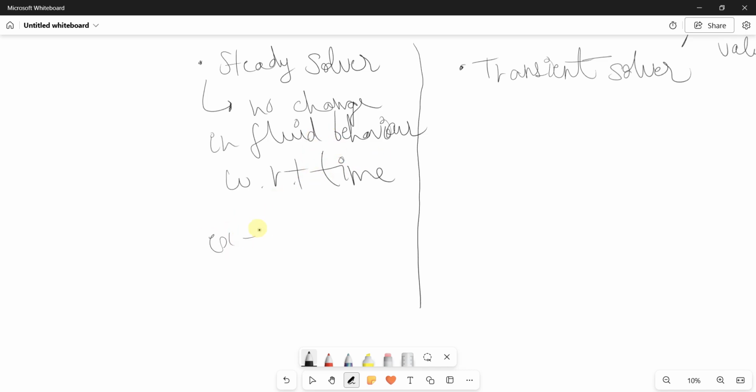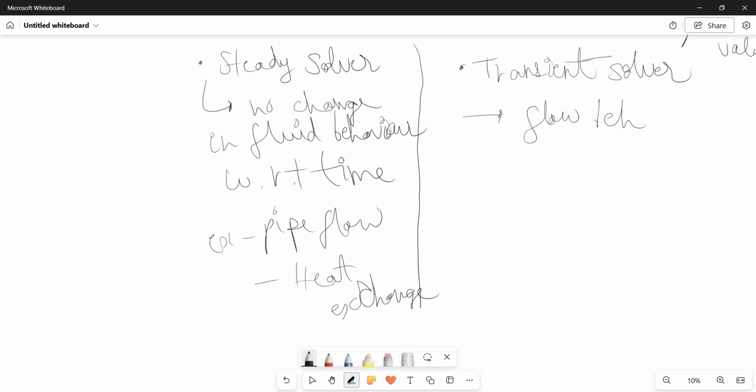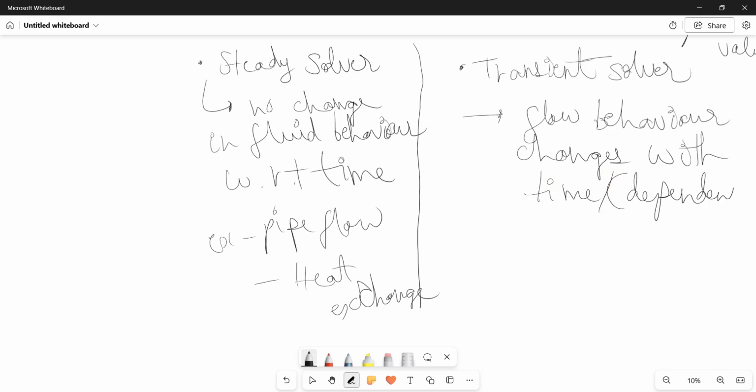For example, I can take pipe flow or heat exchange, right? And in transient, the flow behavior changes with time, or it is time dependent.